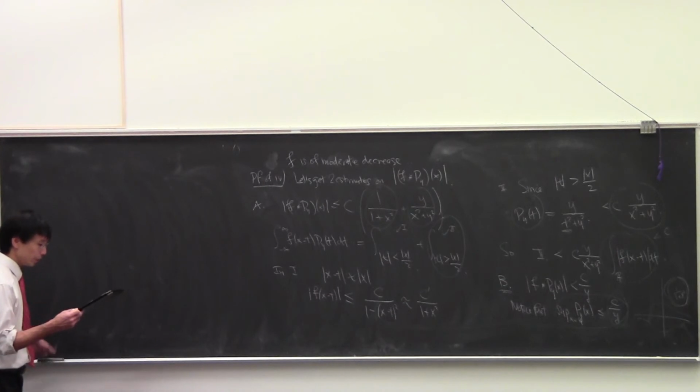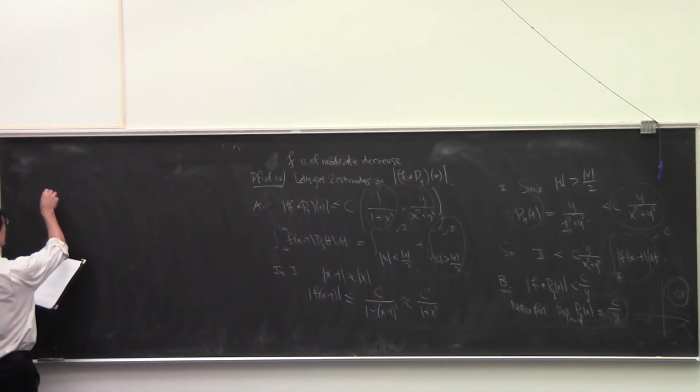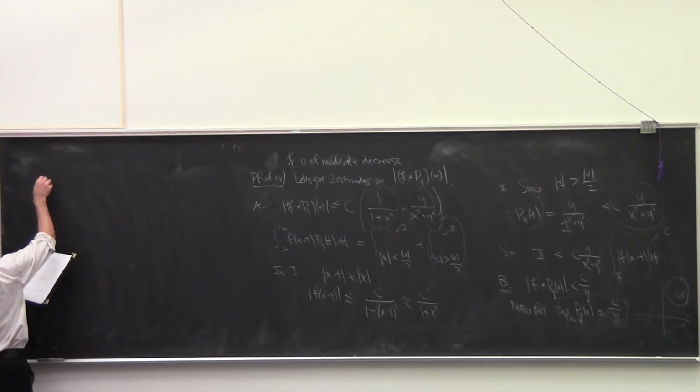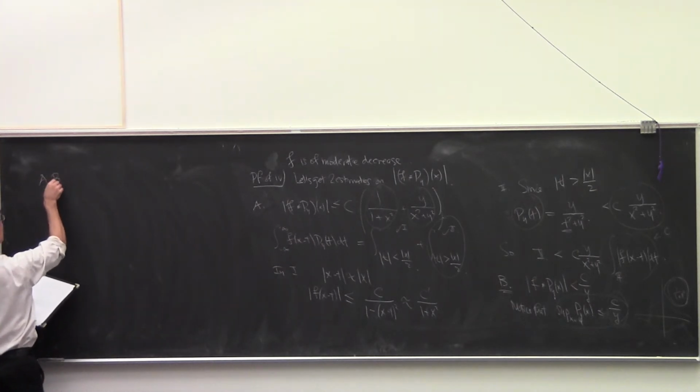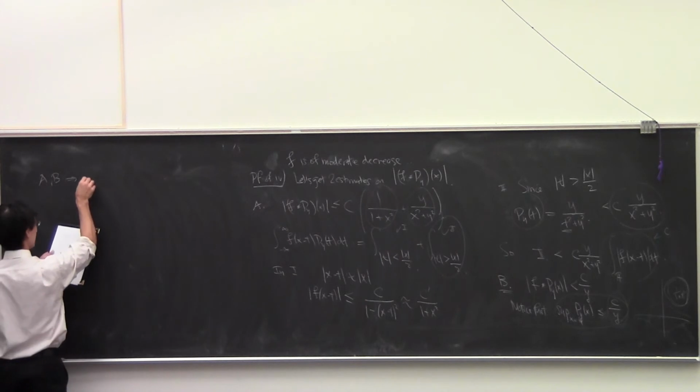Okay. So then we want to show that the two estimates together, estimates A and B, give us the vanishing at infinity.